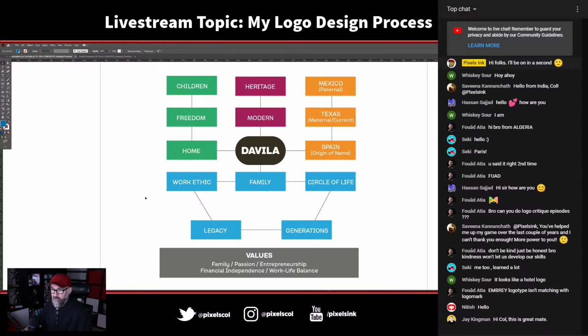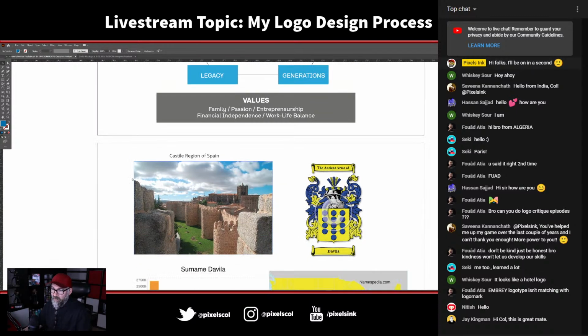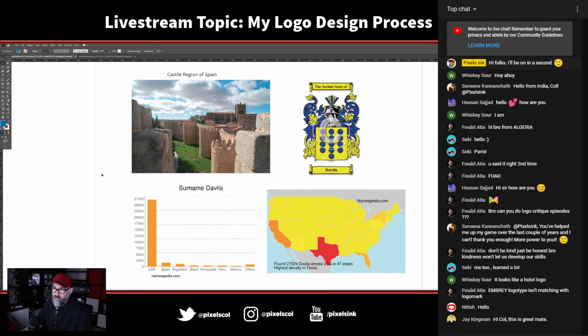So let's move down a bit. I started to look into the name. I wanted to get some real history around it, find out where it was from. It was first mentioned in Spain, in the Castile region, when Davila came around. And there are different orientations of the name, some with the D, some without, some where it's D apostrophe AVILA, so there are lots of differentiations of it, but it originated in the Castile region.